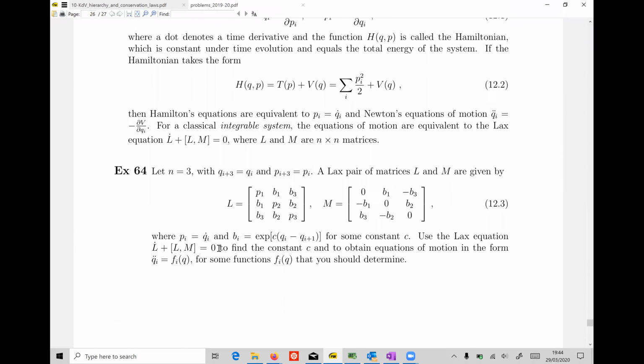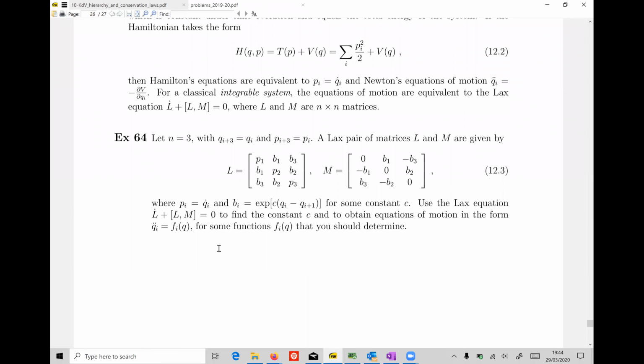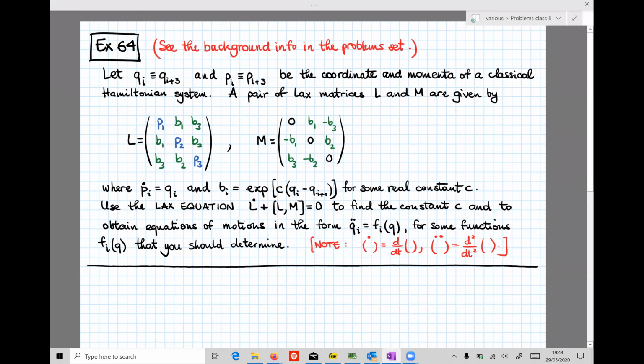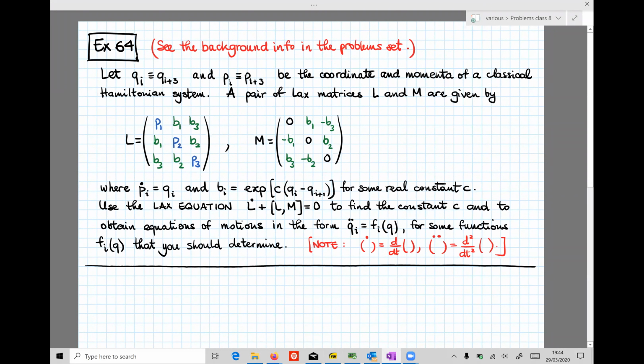Okay, so now let's go to the exercise, which you can read here, but I've also written in the notes. We're considering a simple classical system of that type. Don't worry if you didn't get all the points, since everything you need to know is explained in the exercise. We take n equal to 3, so 3 degrees of freedom, and the coordinates qi are identified with qi plus 3.